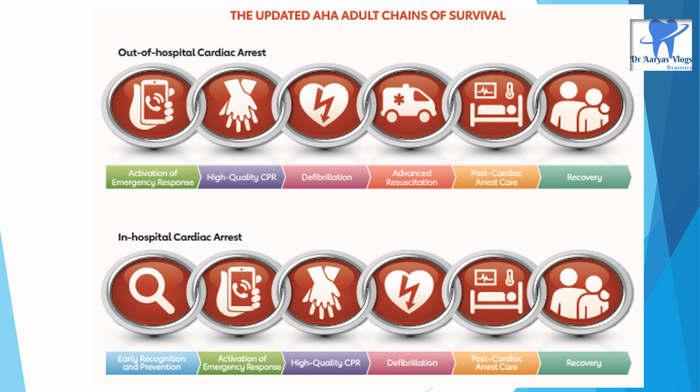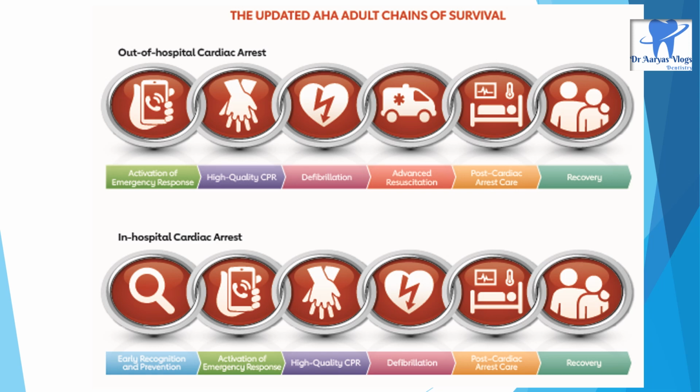The out-of-hospital chain is activation of emergency response, high quality CPR, defibrillation, advanced resuscitation, post-cardiac arrest care and recovery. In-hospital cardiac arrest: early recognition and prevention, activation of emergency response, high quality CPR, defibrillation, post-cardiac arrest care and recovery.